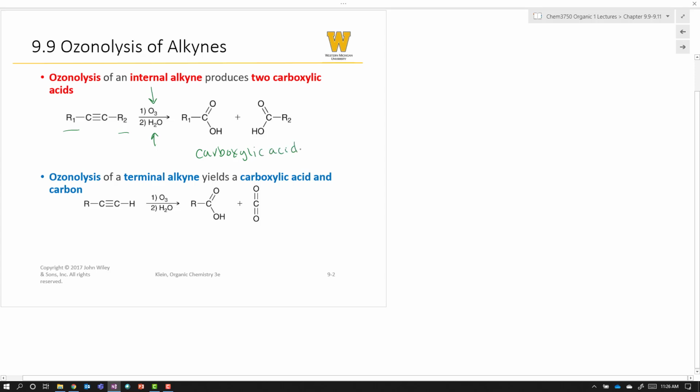Now what you're probably realizing is that this is very similar to the alkene ozonolysis, and there are two differences. One, with the alkene, you use a reducing agent such as DMS instead of water.